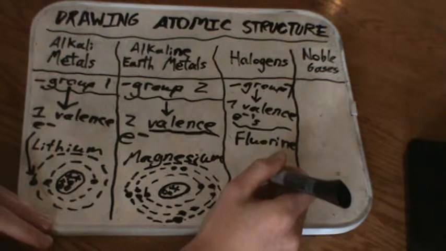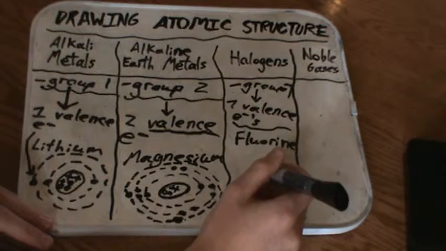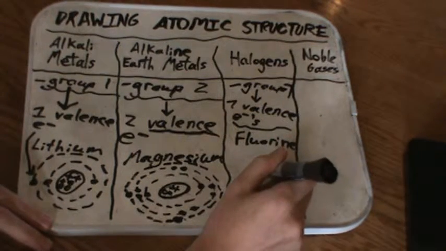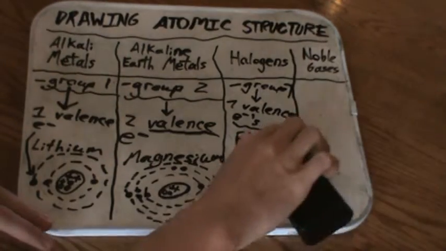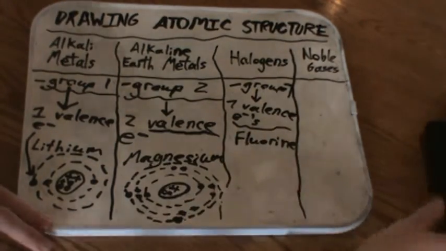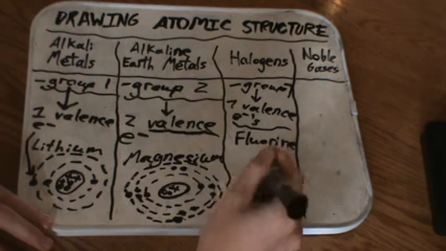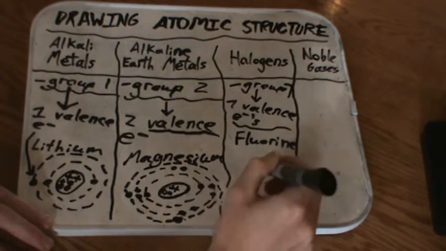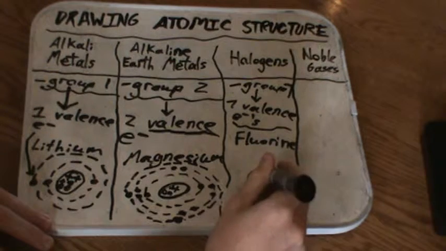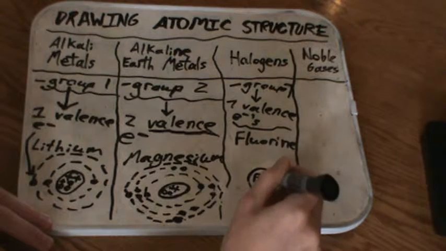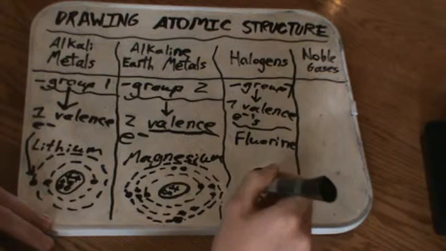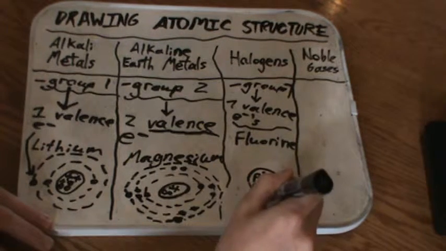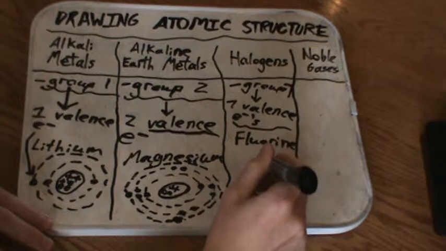We have 9 protons and 10 neutrons. Hold on, let's make this better. I made a mistake. Alright, let's go bigger nucleus. Alright, so protons equals 9, and neutrons equals 10.